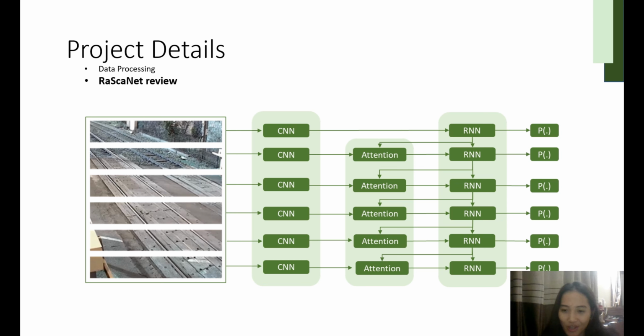That's the general picture of the RascaNet model. Because it's quite complex and long, and because of the limitation of time, I'll just mention what I have trained that is different from the original model. It's just the difference between mine and the original model.